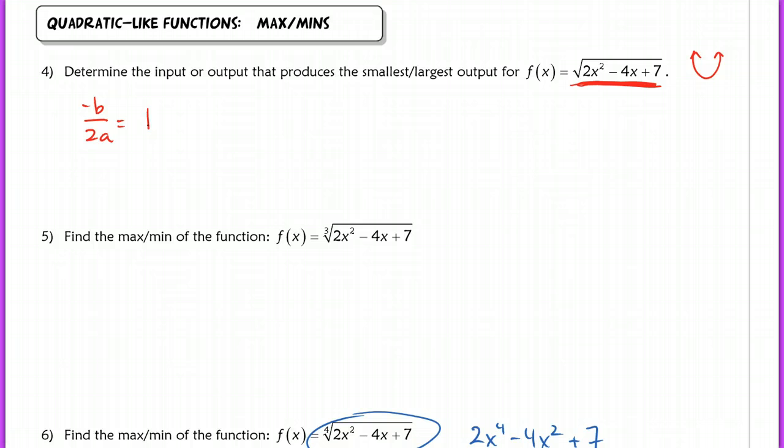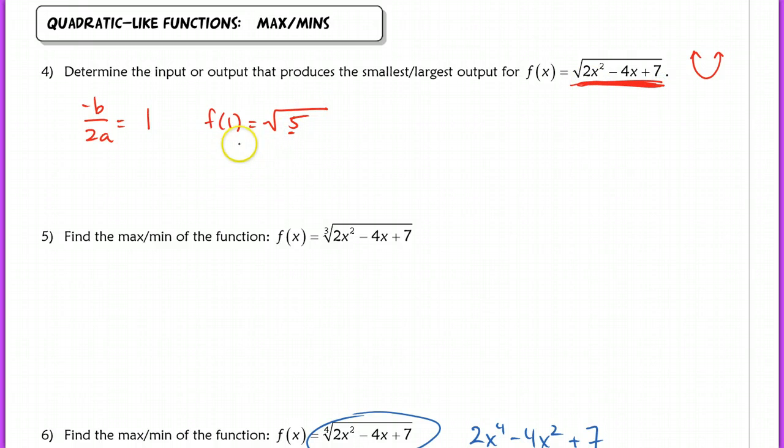So to find our new minimum value, because this doesn't necessarily have the exact same minimum, it has the same input, we would now plug that value in and find f of 1 with our new function. So it would be the square root of 2x squared... well, we already know the output here. I'm cheating, but we already know this output for 2x squared minus 4x plus 7 is going to be 5.